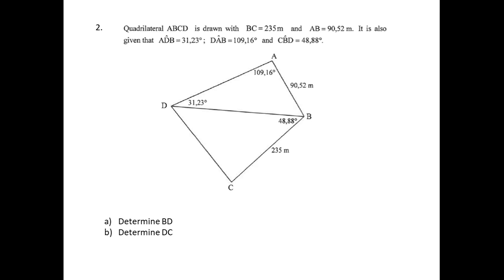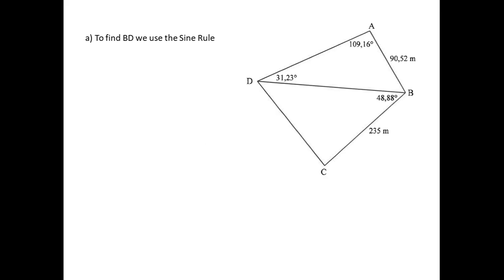Right. Here's example number 2, which you can try yourself. Interestingly enough, this came out of a grade 11 exam paper, so it should be easy. Try it. Okay, let's answer A. We need to work out the length of BD.